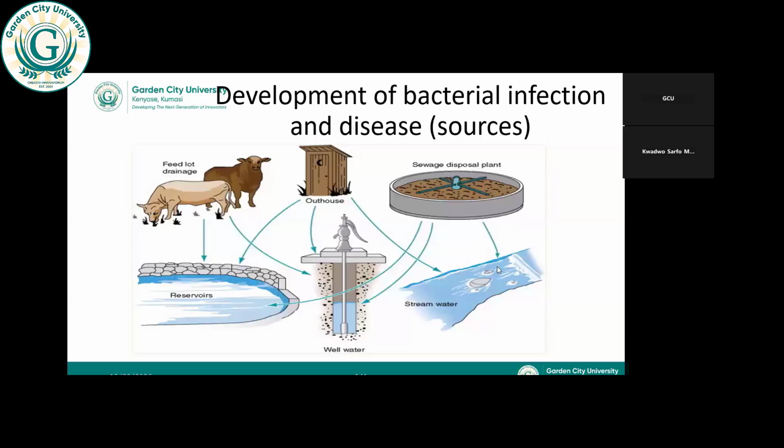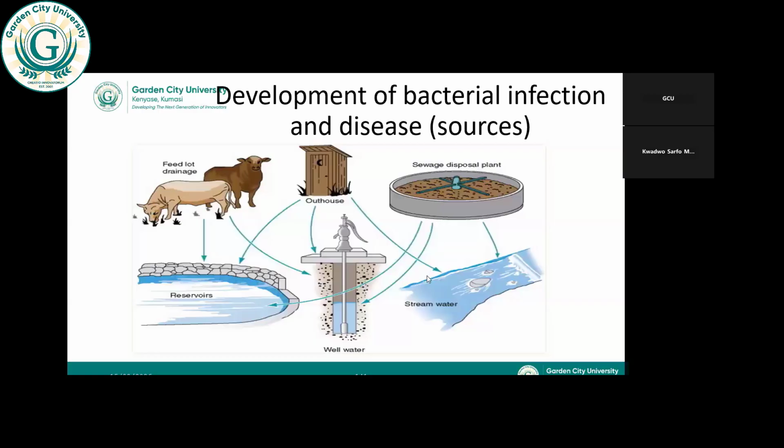The effluent is supposed to have no pathogen, but sometimes the plant could be malfunctioning, and those who go to swim in there will also get the infection. Sometimes you have toilet facilities that are having the discharge directly into the environment, and then the infection could also be picked from there.